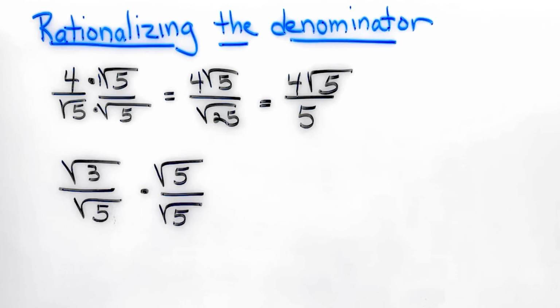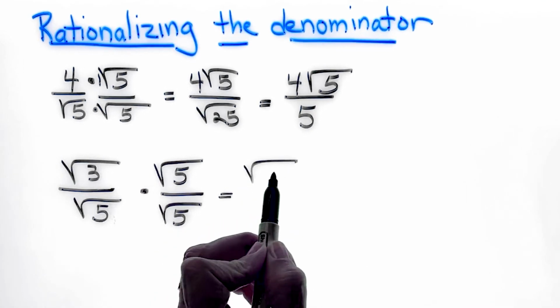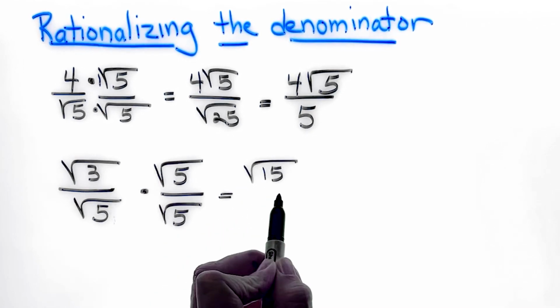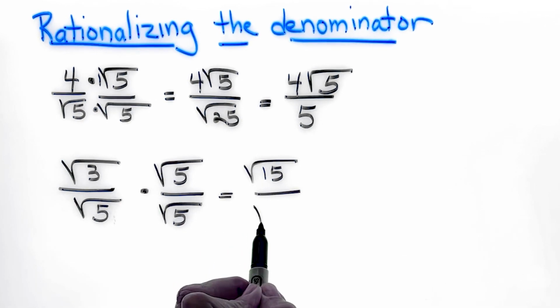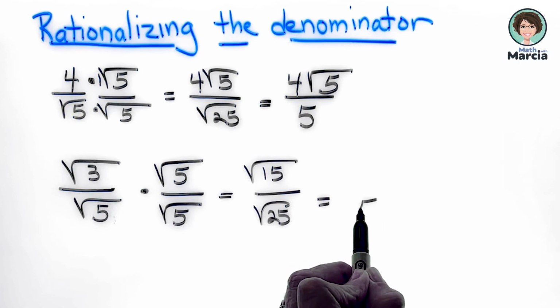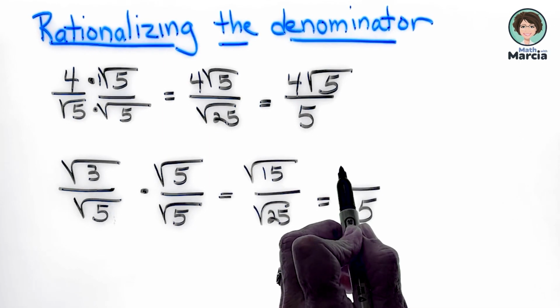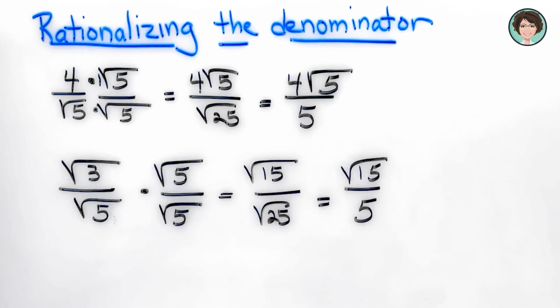Well, remember, when we multiplied radicals, you just multiplied the radicands. So you get 3 times 5 is 15. And 5 times 5 is the square root of 25. But the square root of 25, remember, is equal to 5. So we have our answer as the square root of 15 over 5.